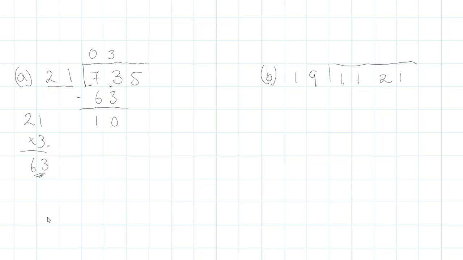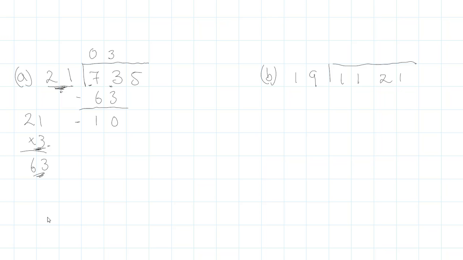And what we do next now is we check and make sure that the number we're left with at this stage is smaller than our divisor, the number we're dividing in. And it is smaller. So we can carry on. If it's bigger, you haven't multiplied enough. So if the number that's left here is bigger than the divisor, then you haven't multiplied enough times.